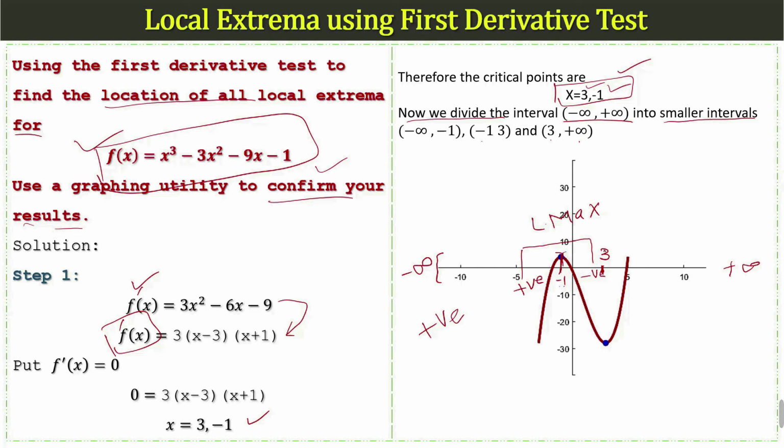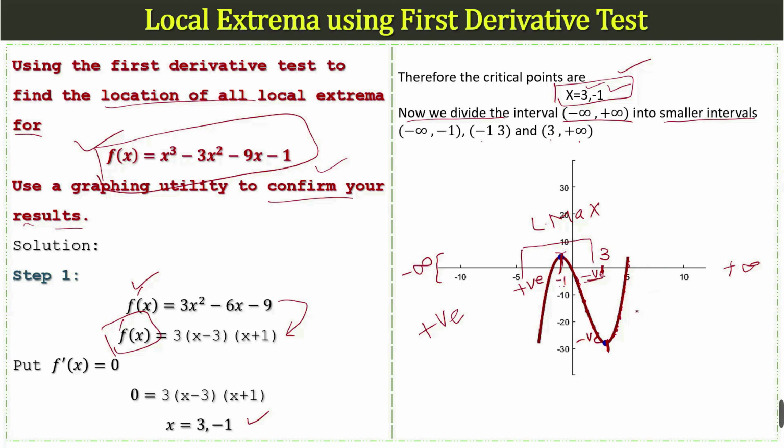In this interval, the derivative of the function has a negative value at each point before the critical point, and after the critical point the derivative has a positive value at each point.